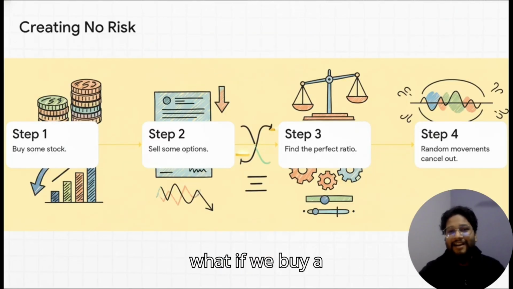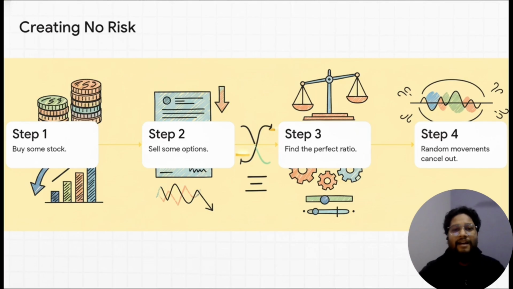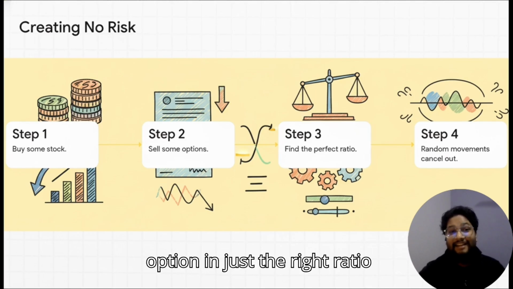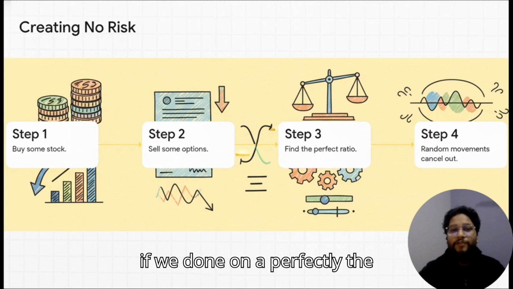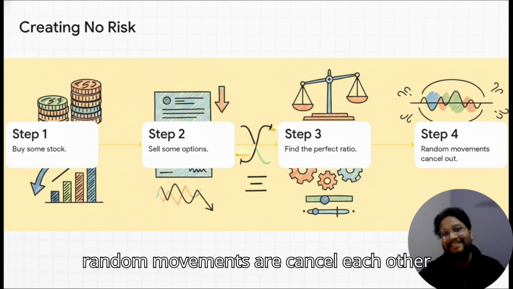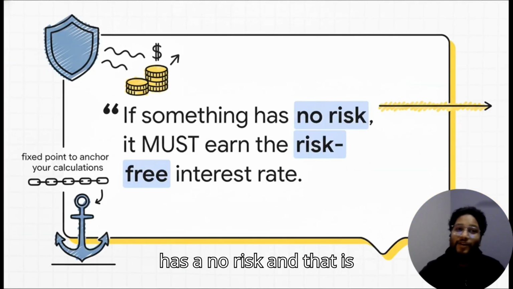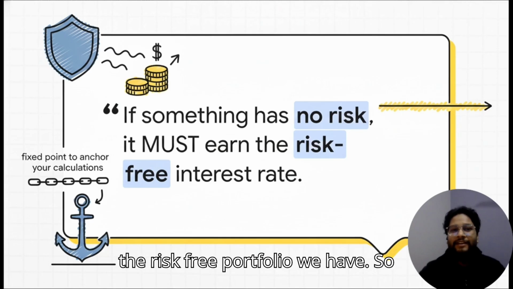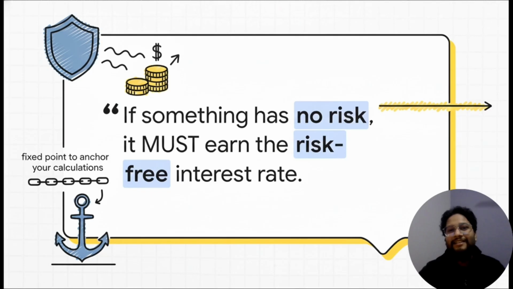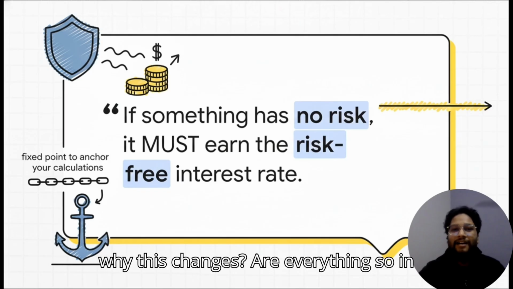So they asked, what if we buy some stocks and sell some options in just the right ratio? If we do it perfectly, the random movements cancel each other out, right? And for that moment, the portfolio has no risk, and that is the risk-free portfolio we have.